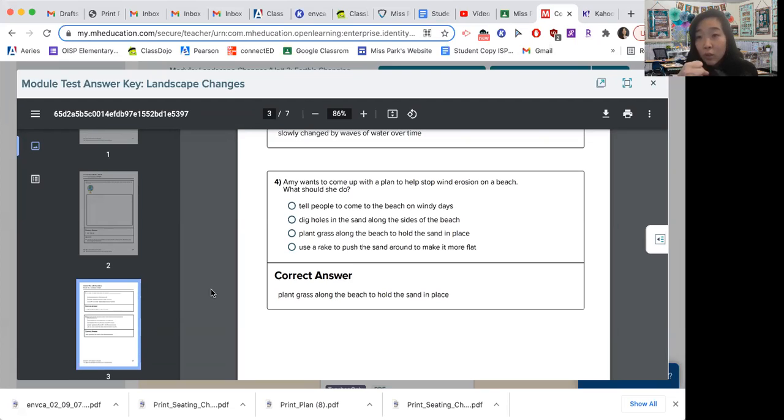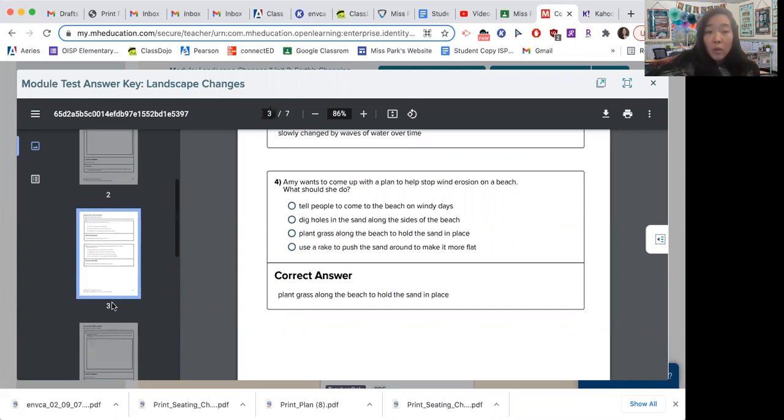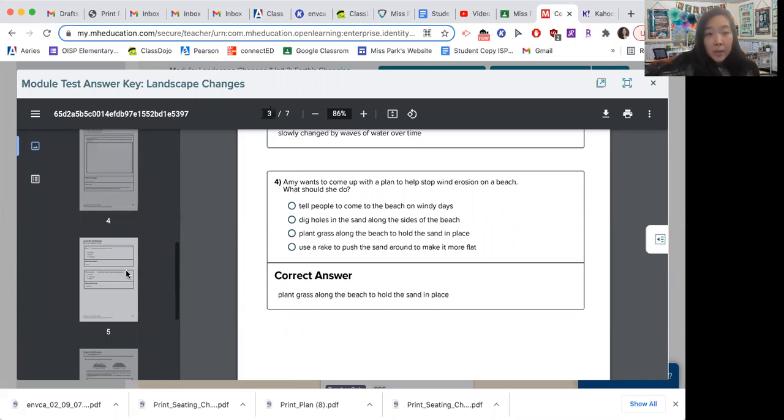When you put grass into the sand, all of those roots will dig in deep and keep the sand in place so that it doesn't weather away. The sand doesn't wash away or erode so quickly.